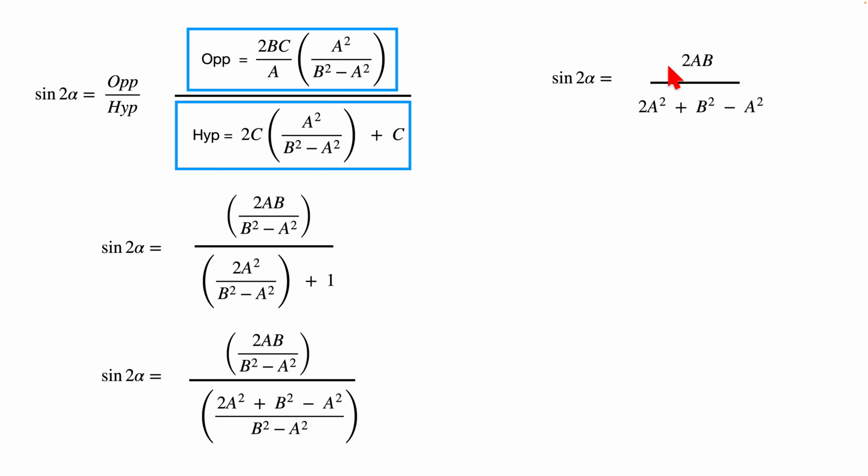Sine 2 alpha now equals 2ab. And on the denominator, we have 2a squared plus b squared minus a squared. Now we've got an a squared and we've got 2a squared, so let's subtract that. And now we've got 2ab over a squared plus b squared. This is starting to look interesting.